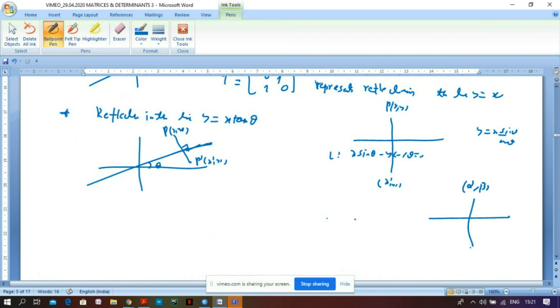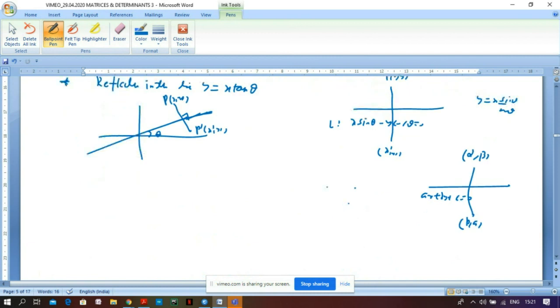Alpha beta is there. And suppose here (P, Q) is the reflection in the line Ax plus By plus C equal to 0. Then I can write this as P minus alpha upon A, Q minus beta upon B, means this is reflection, equals negative of A alpha plus B beta plus C, upon A squared plus B squared, that we can derive easily.